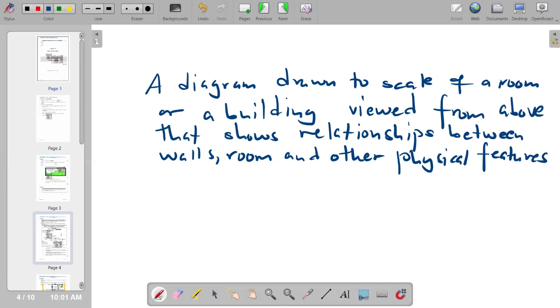Basically, this is the description of a floor plan, and this is our question 1.1.